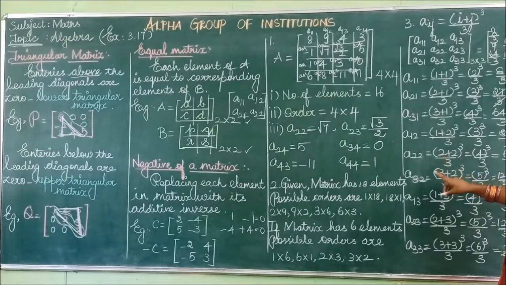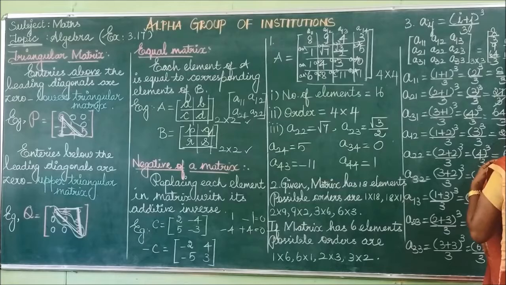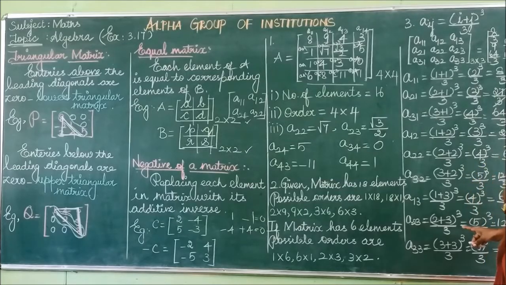Then A13. A13 is 64 by 3. Next A23. What is our A23? A23 is 125 by 3. Then A33 is 72. So this is our final answer.